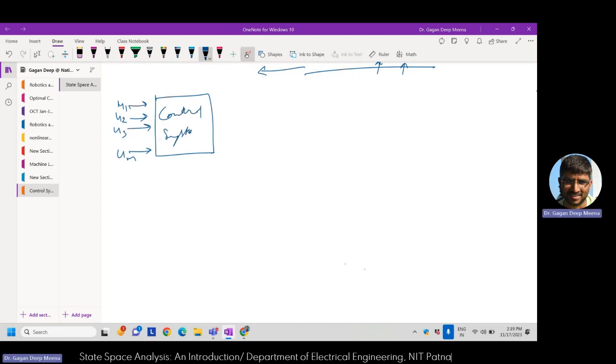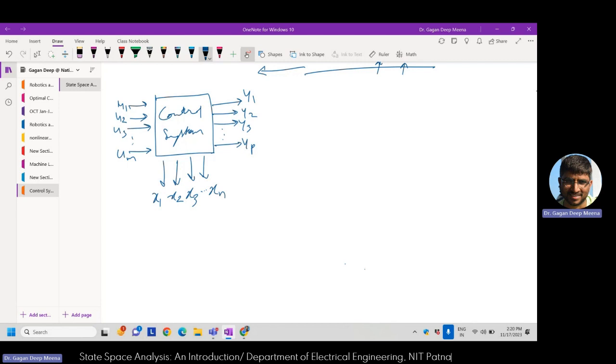And you have outputs from this system. Outputs can be your y1, y2, y3, up to yp, and in between you have the system states. Those are your x1, x2, x3, and it goes till xn.